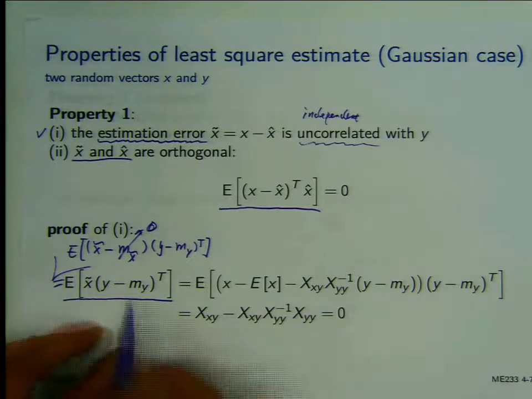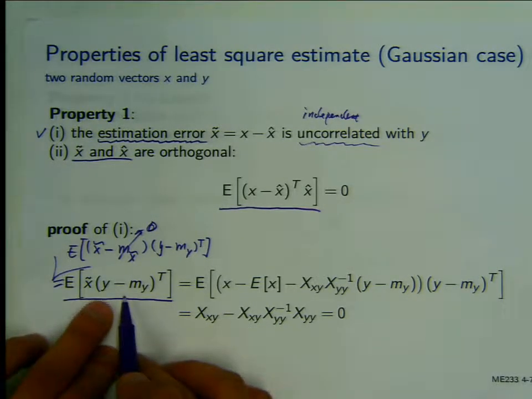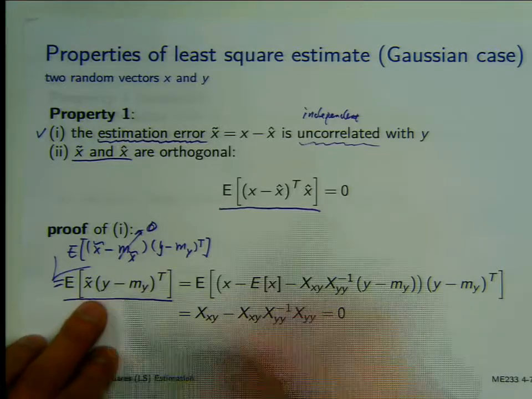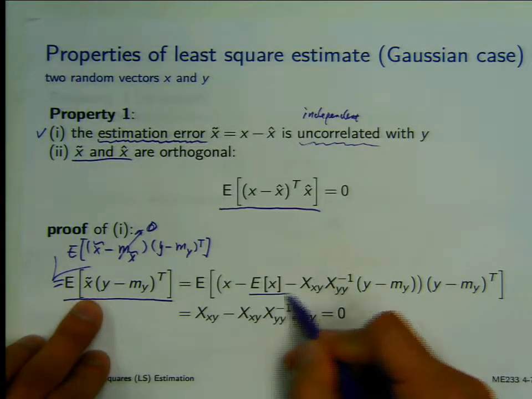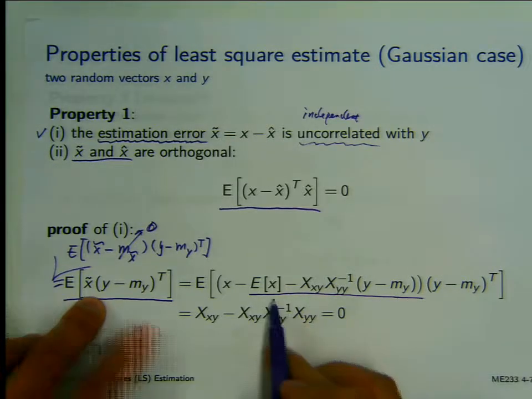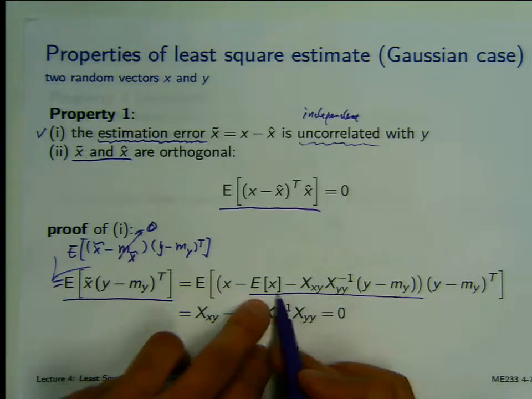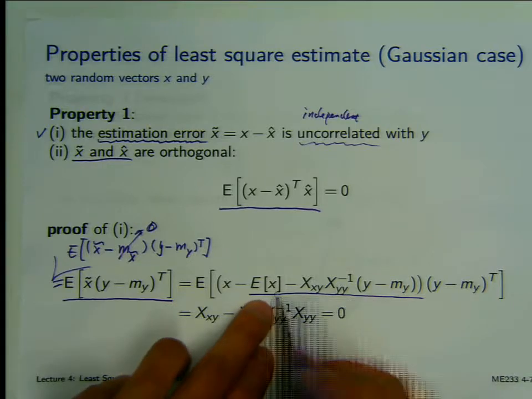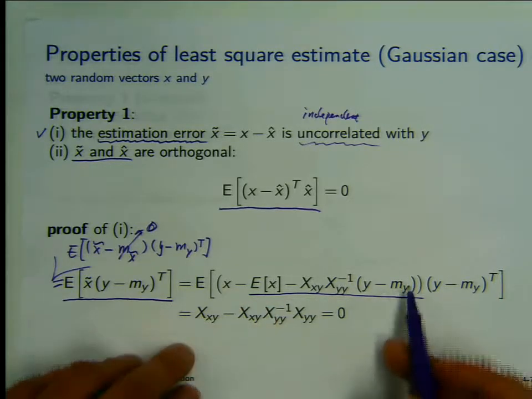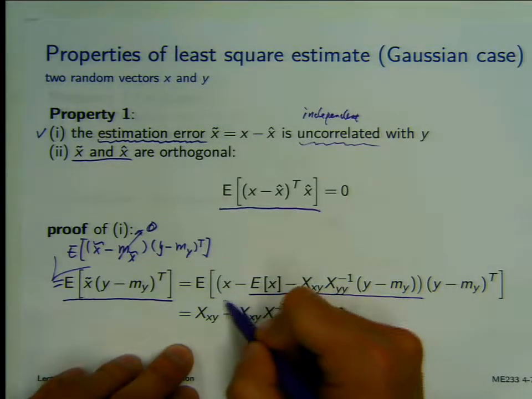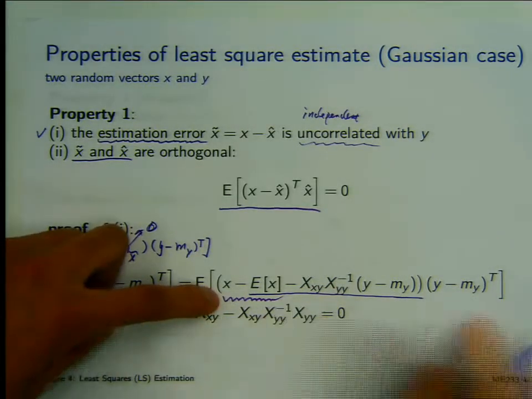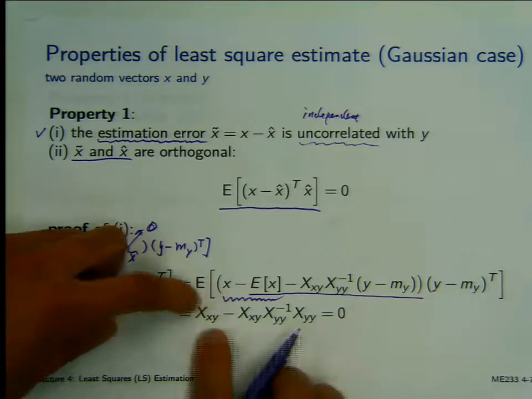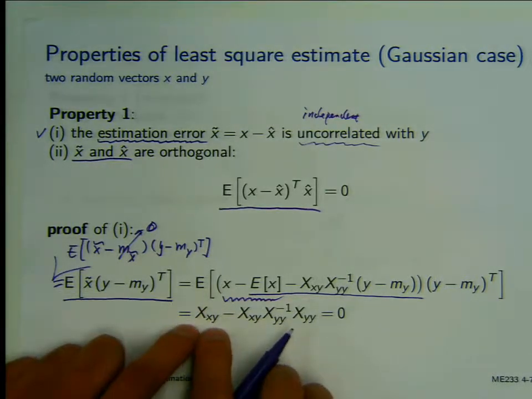So just to write out what x hat equals. x tilde equals x minus x hat. And x hat, as you have seen, is the conditional mean of x given y. Now look at this term. After being multiplied by this term, it's going to give me the cross covariance between x and y.